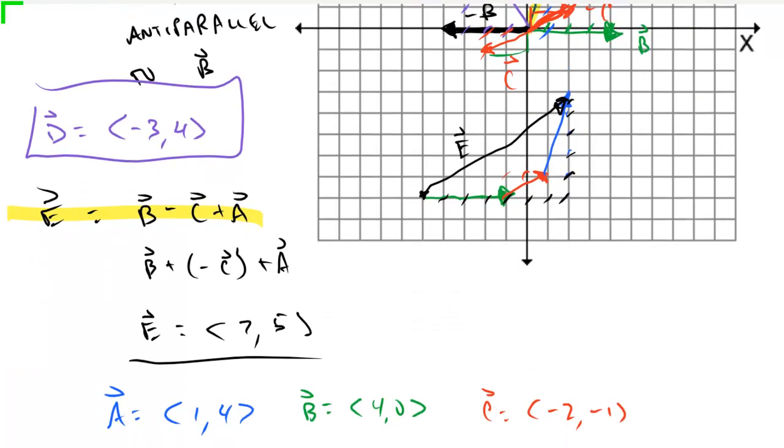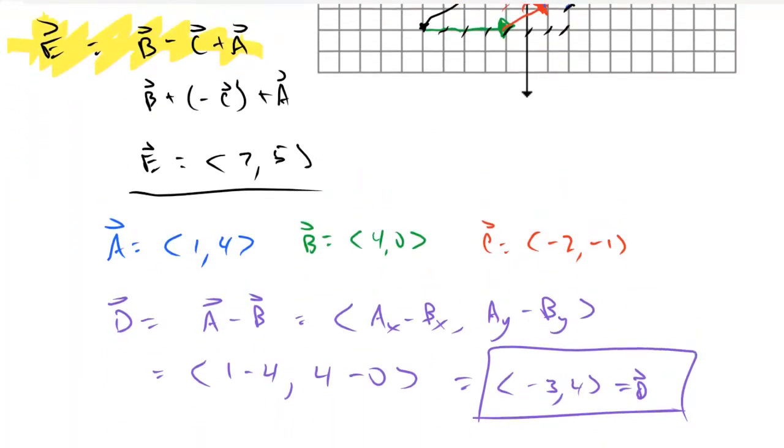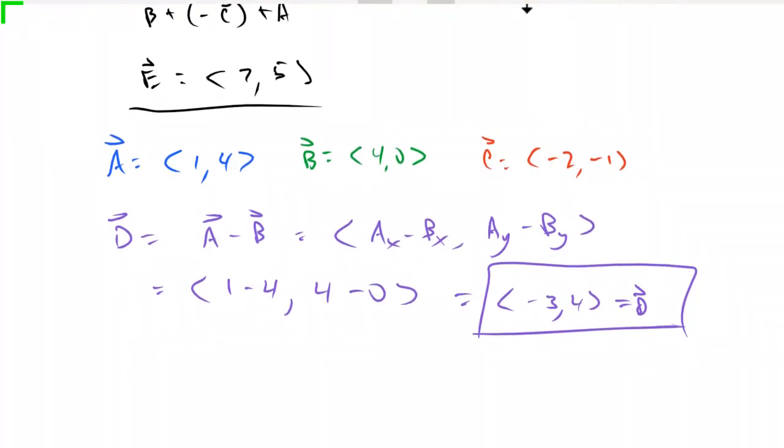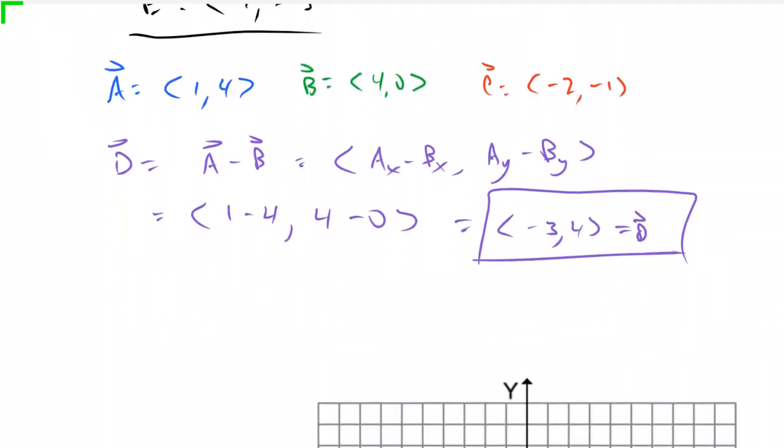Lastly, we can redo vector E. So vector E over here, we said was B minus C plus A. So vector E is equal to vector B minus vector C plus vector A. Just taking these components, the x component will be Bx minus Cx plus Ax.